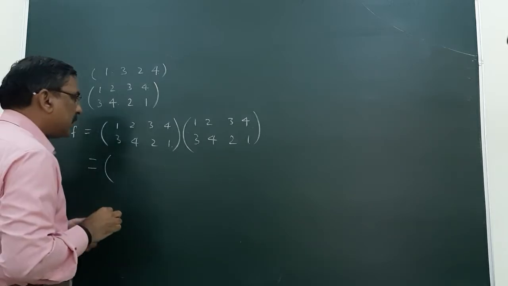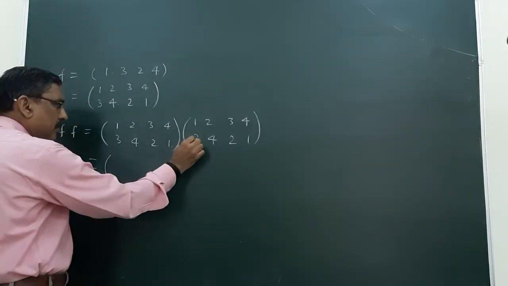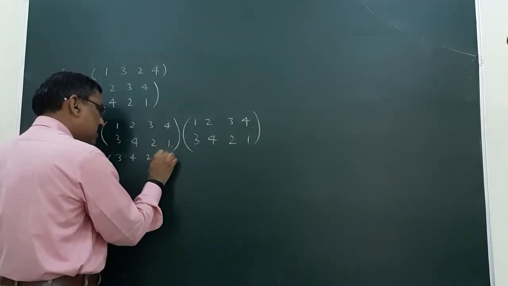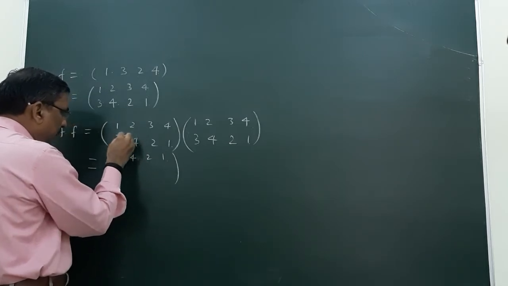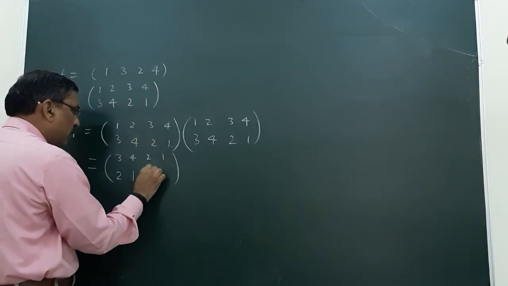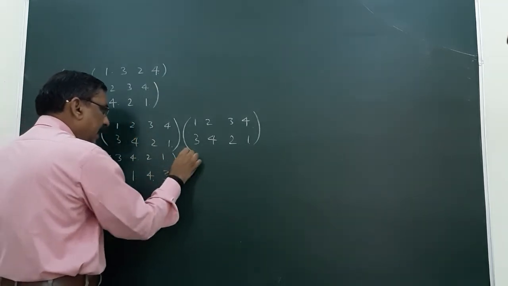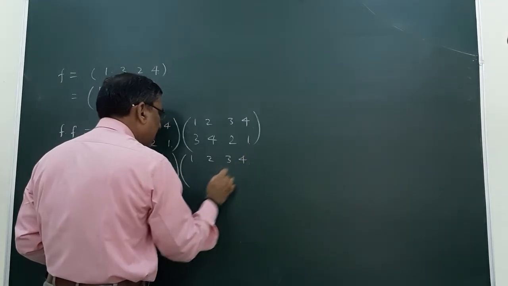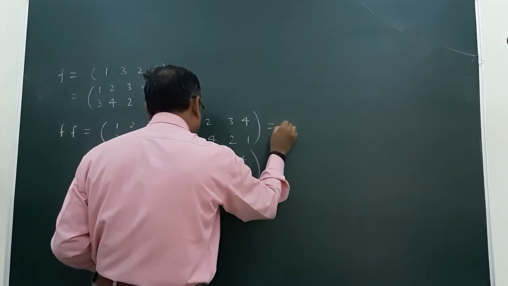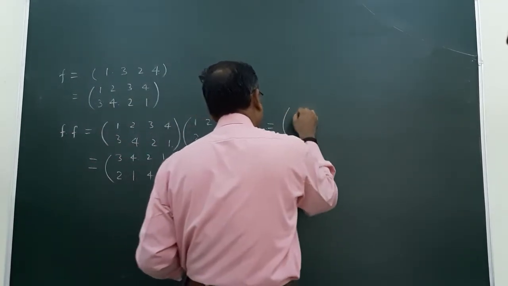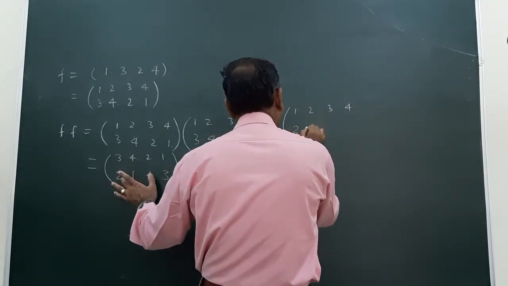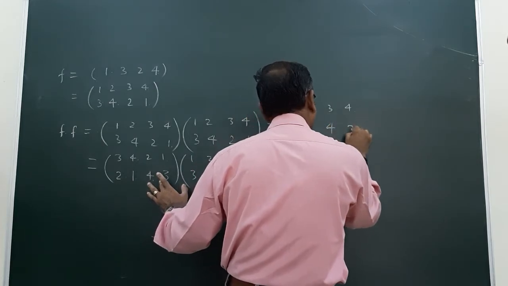As we have earlier seen, to operate these two permutations we should write like this: 2, 1 here, and the image of 3 is 2, the image of 4 is 1, the image of 2 is 4, the image of 1 is 3, and 1, 2, 3, 4, and 3, 4, 2, 1. So the final result of this one is 1, 2, 3, and 4, and 2, 1, 4, 3.